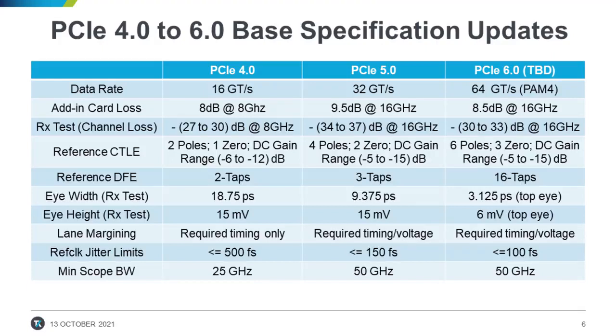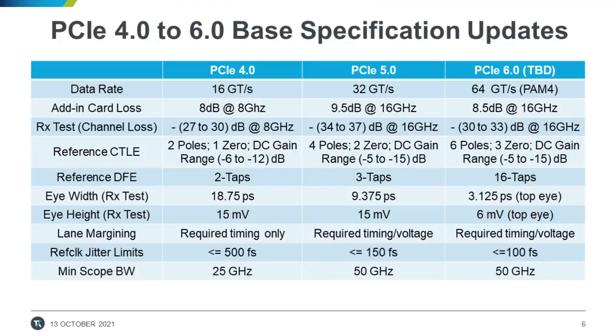So now we're at an eye width of 3.125 and eye height of 6 millivolts. And that is at the top eye, since we're now dealing with 3 eye diagrams for PAM4. And part of this talk will be stress die calibration and receiver testing as well.